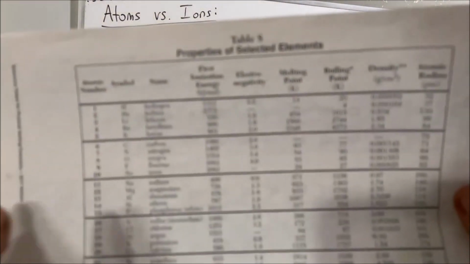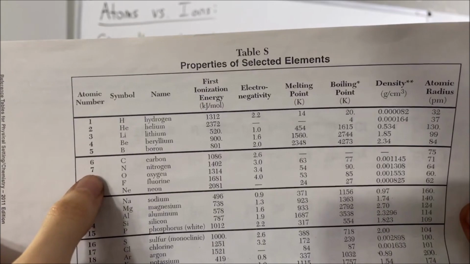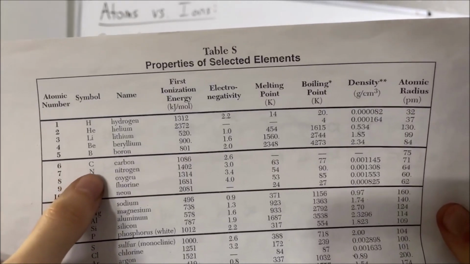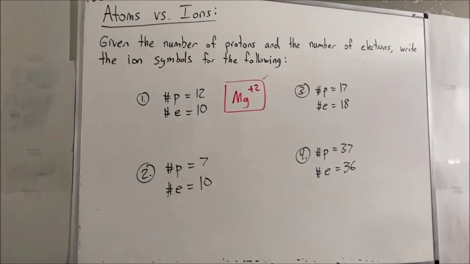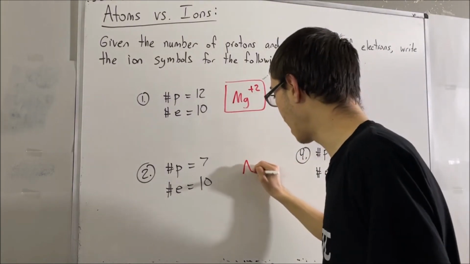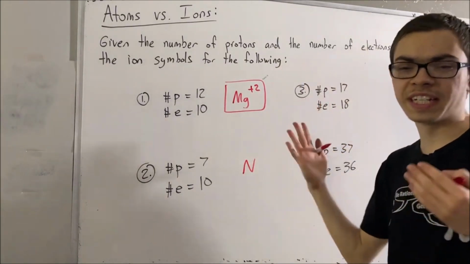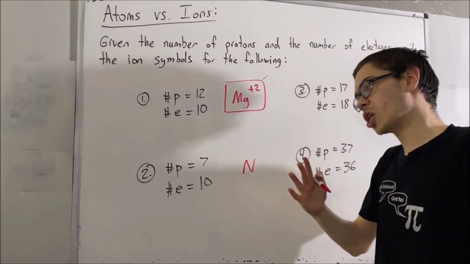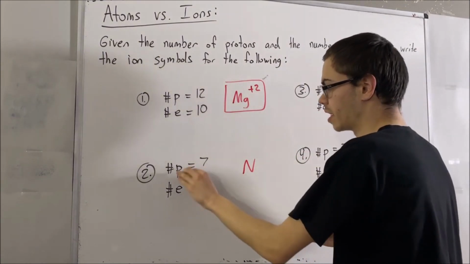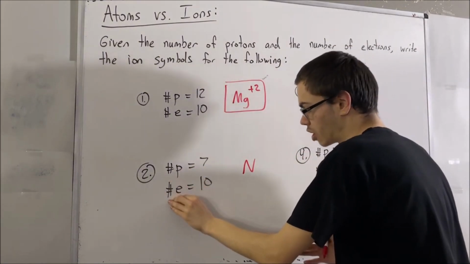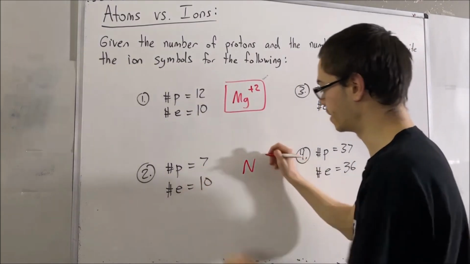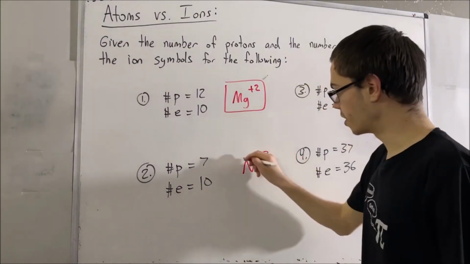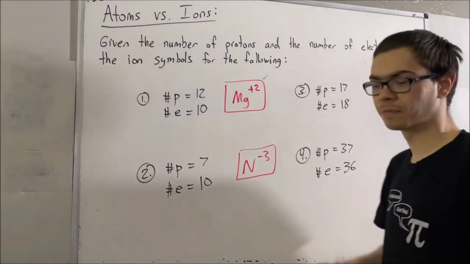Notice on table S, the atomic number of 7 is right there, and the element symbol is N. So our element symbol is N, and now all we need is the charge. To get the charge, we take the number of protons and subtract the number of electrons. So 7 minus 10 is -3. And so this right here is our ion symbol.